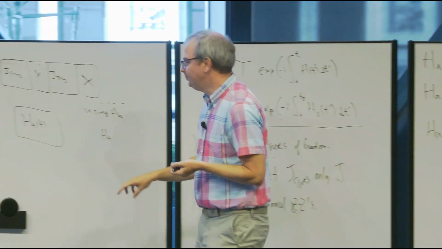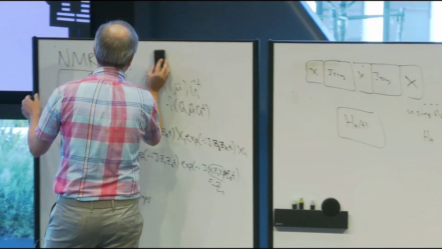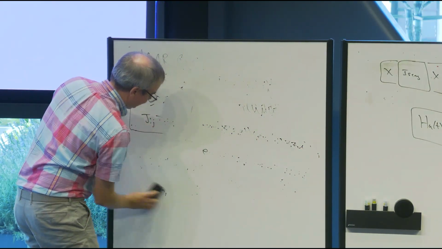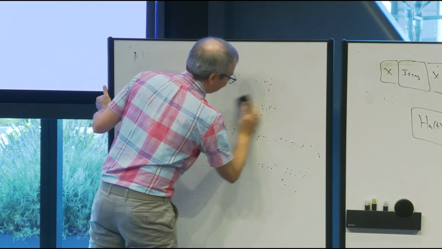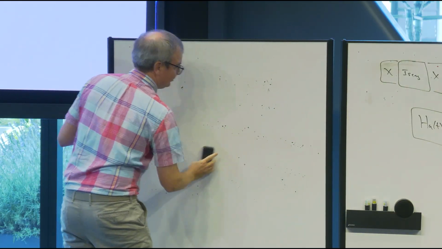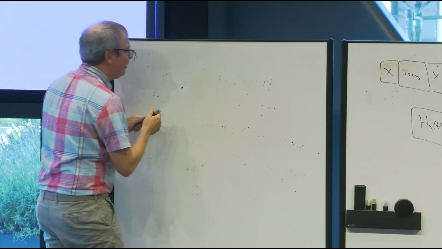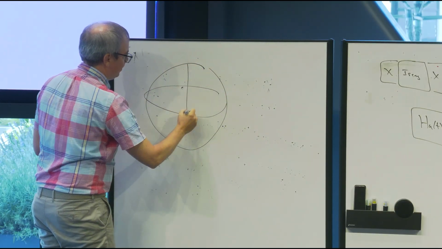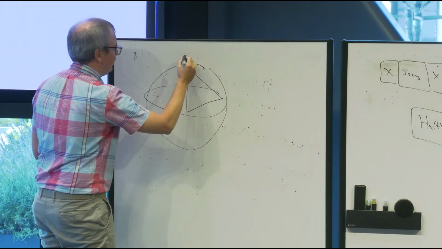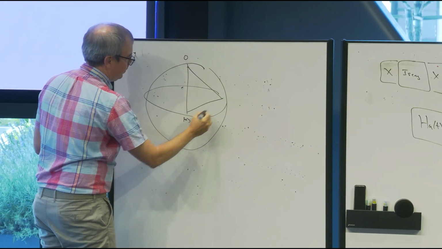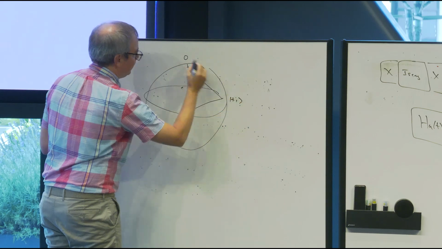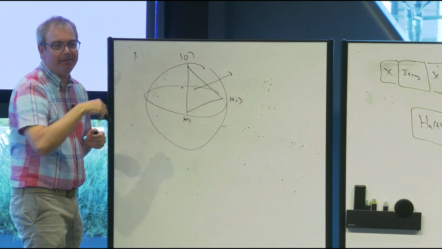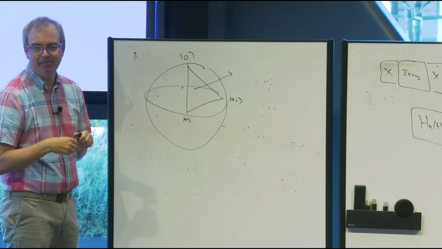So, everyone has their favorite Clifford operator. My favorite Clifford operator is this triangular rotation around the face of the Clifford polyhedron.